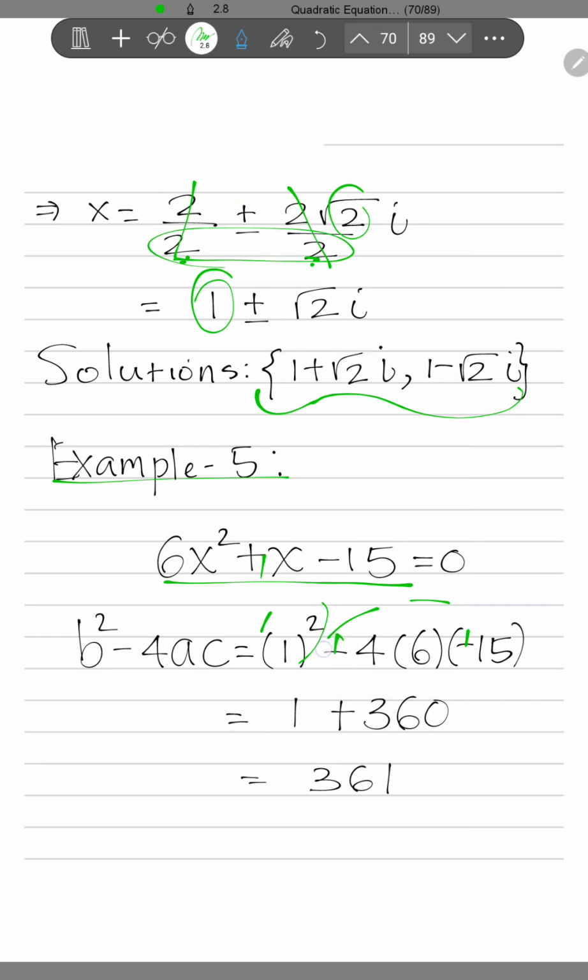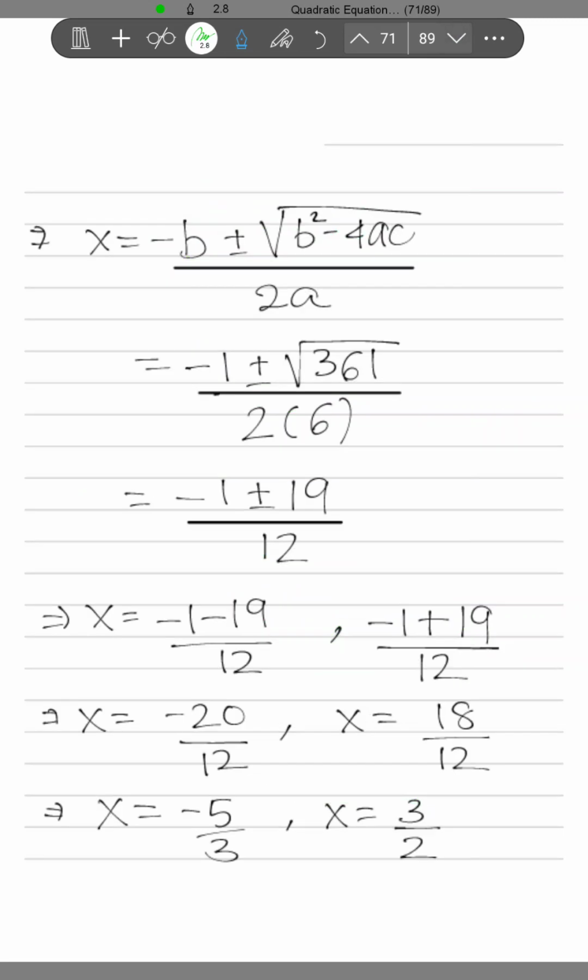When we have two negatives here, the result is going to be a positive. Then 1 plus 360, which is 361. This is the discriminant part. When we have a positive discriminant, it means that we have two solution sets which are real numbers.